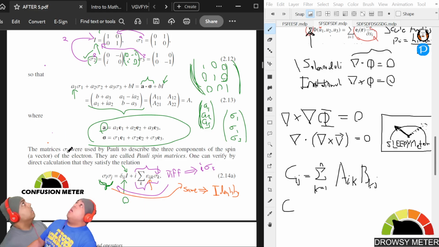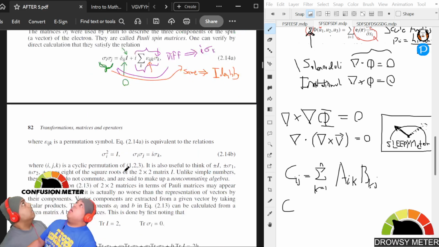The matrices were used by Pauli to describe the three components of the spin of the electron. They are called Pauli spin matrices. One can verify by direct calculation that they satisfy this, where epsilon ijk, the permutation symbol, is equivalent to the relations. I literally just wrote this down here. Yeah.